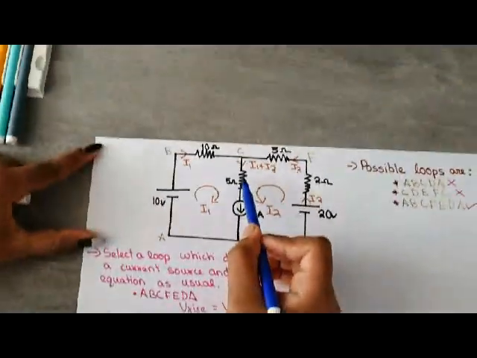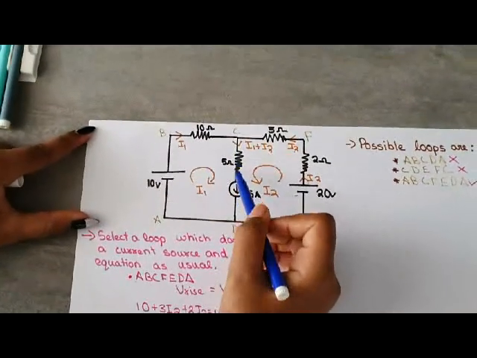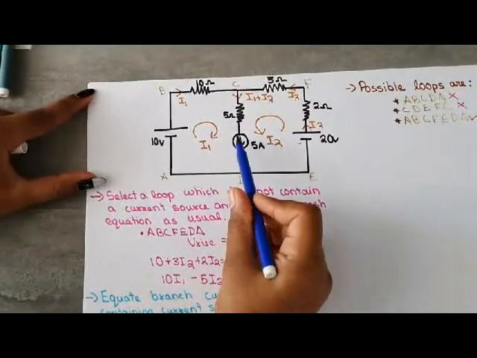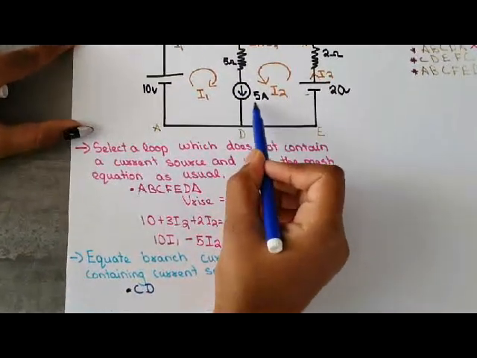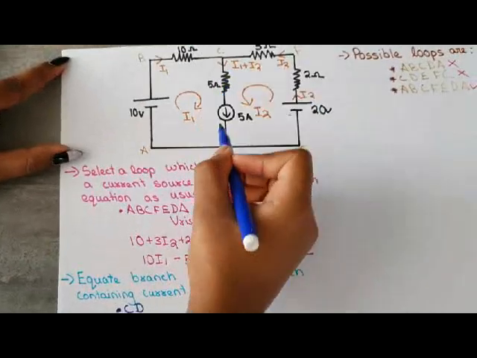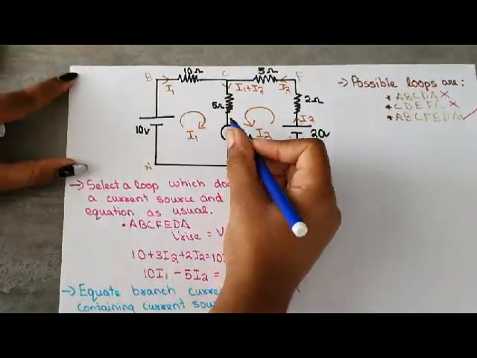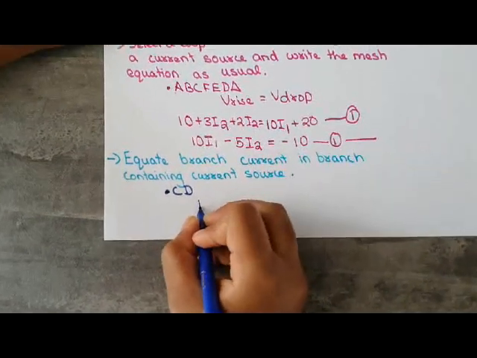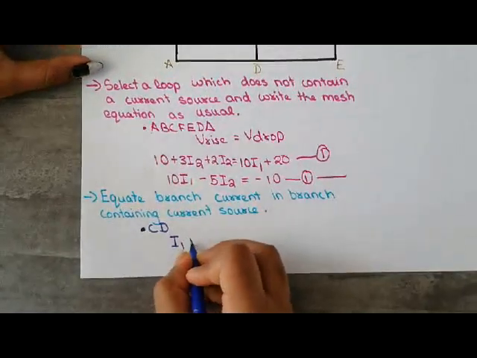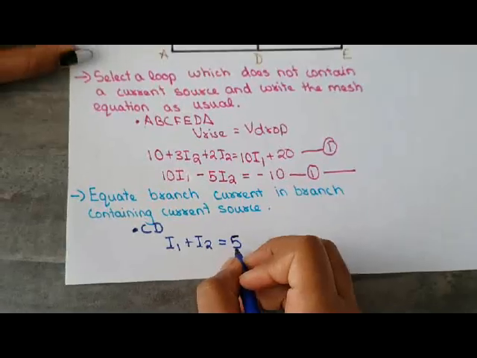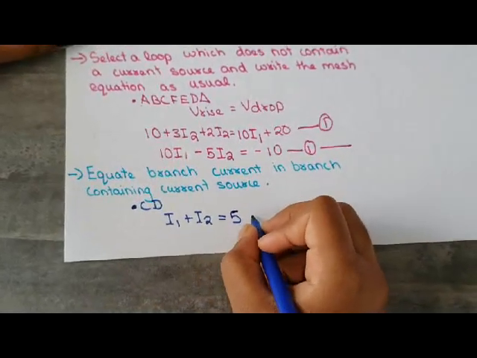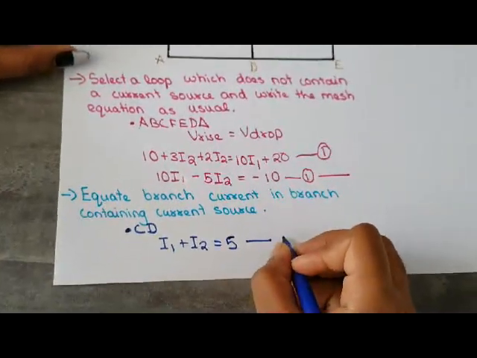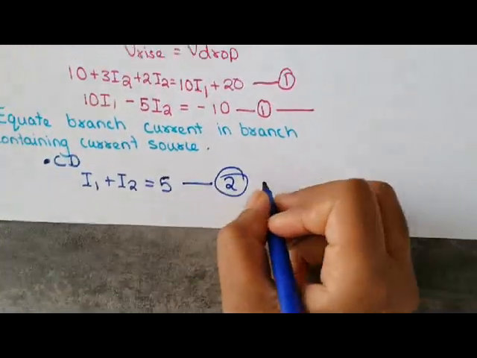The current passing here is I1 plus I2, going downwards, and the current source here also flows downwards and has 5 ampere. So I1 plus I2 equals 5 ampere. That's our equation number 2.